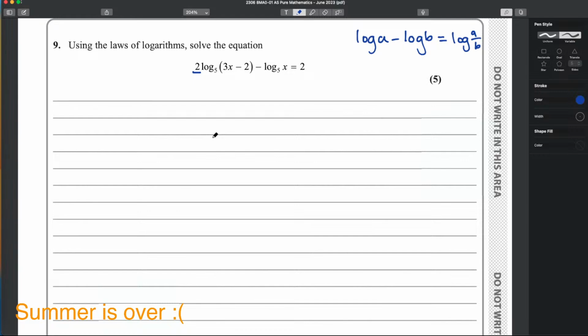Well, we could raise it to the power of. So that's, I guess, another log law: a log b equals log of b to the power a. Maybe we have to do that. So let's use these two log laws.